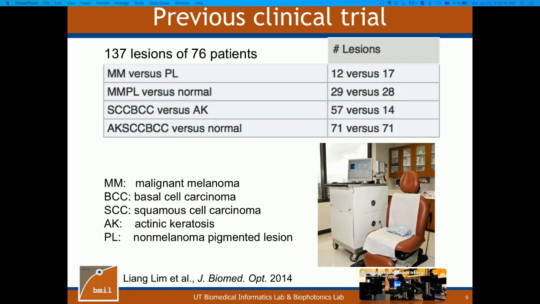We used the principal components to do classifications for these 4 groups. We achieved good sensitivity and specificity using the principal components, but principal component analysis does not provide any physiological information about the tissue.